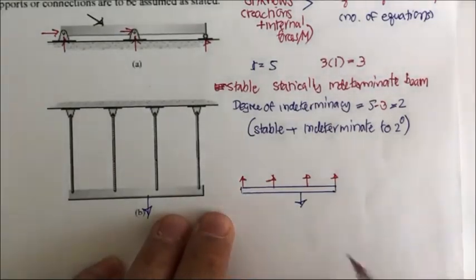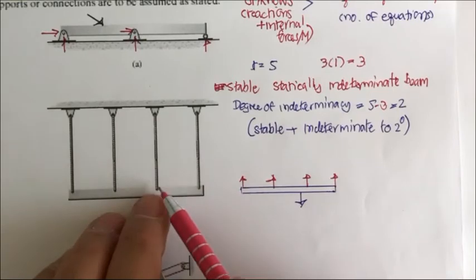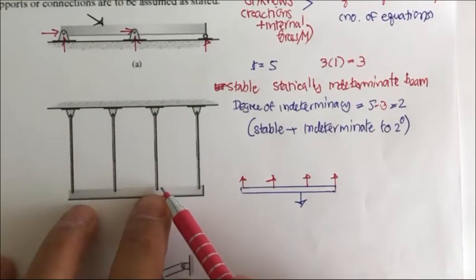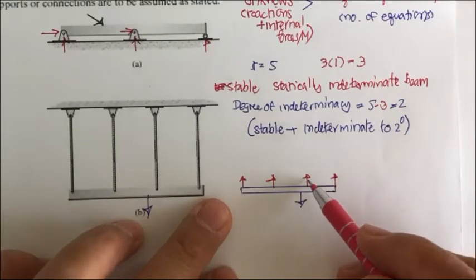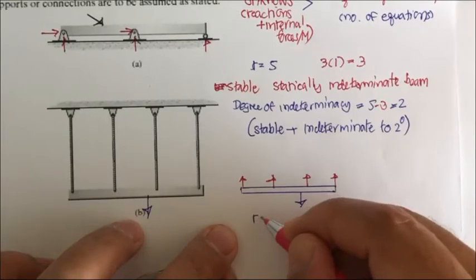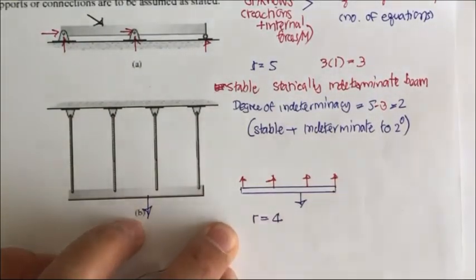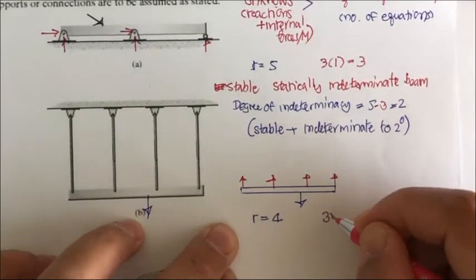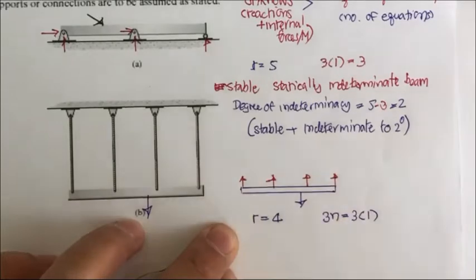Since the force in a cable can only be produced along its line of cable, we're going to have 4 reactions like this. And considering this, we're going to have R equal to 4. Okay, and then the 3n over here is going to be 3 times 1.